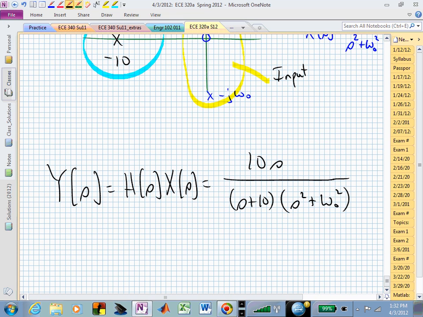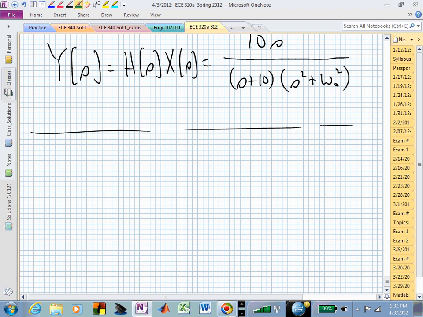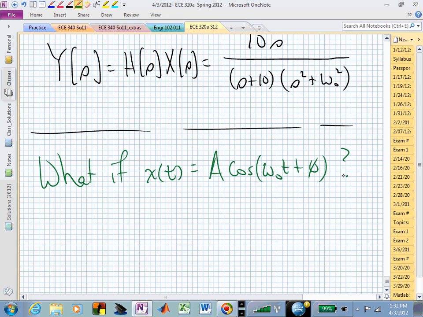What if I changed it up a little bit? That's well and good, and you could inverse Laplace transform that, but it's not too difficult. But you now know that you will have a sinusoidal steady state answer. What if I changed it a little bit and said, okay, here's your input. Now I've shifted where my t equals 0 point is. I now have a phase shift.